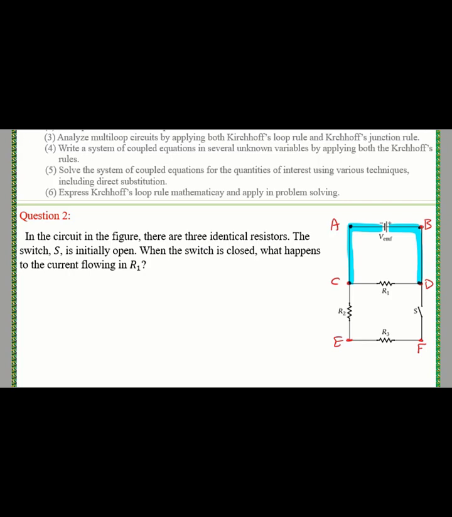So the EMF equals delta V AB, and it is the same as delta V CD, because A and C are the same point, B and D are the same point, since there is no resistor here. If there is any resistor here, we cannot say that. Okay? So we say that VA equals VC and VB equals VD because there is no resistance between these points.